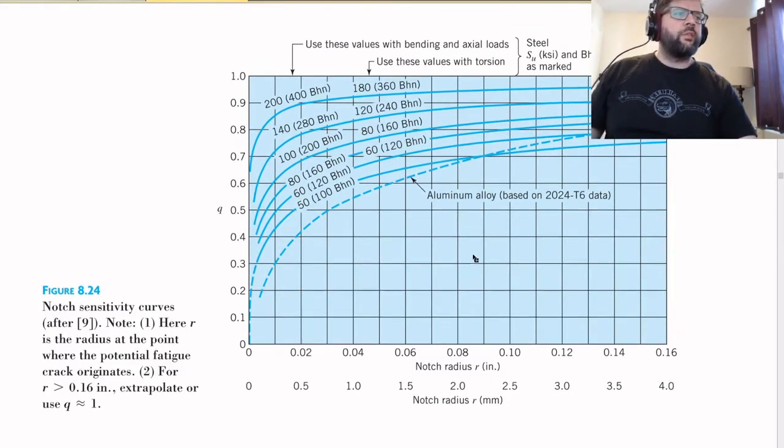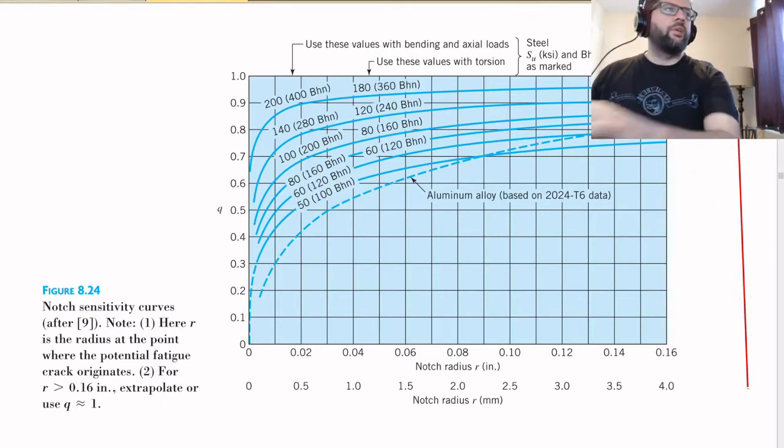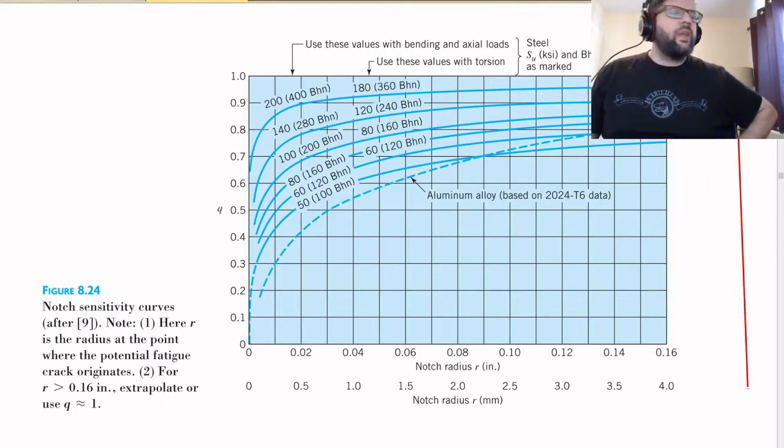Our notch sensitivity factor depends upon the notch radius, which in this instance was 5 millimeters. So we're going to end up with a value kind of around here along that line. Again, we're off the end of the charts, so I'm just going to use the value at the end.